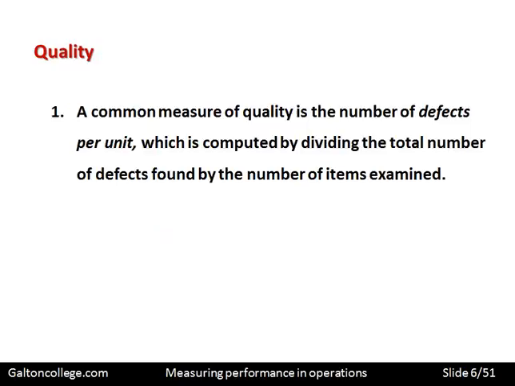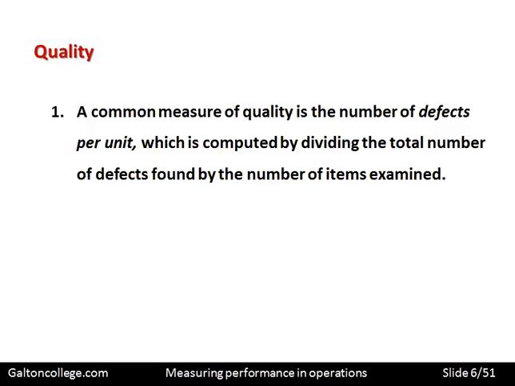A common measure of quality is the number of defects per unit, which is computed by dividing the total number of defects found by the number of items examined. So if 100 items are examined and 20 are found to be defects, then it's a 20% failure rate.